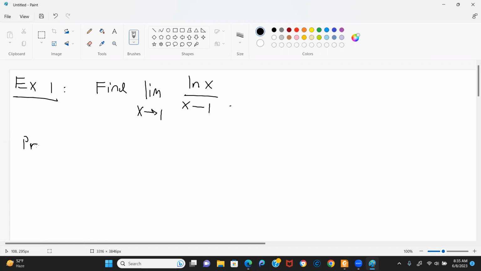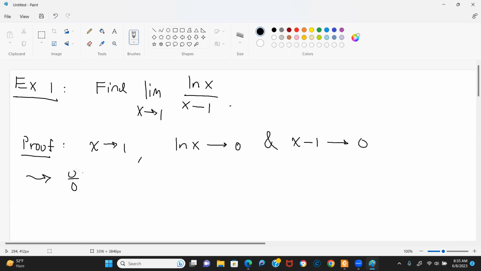So here's the proof. First of all, note as x goes to 1, we know that ln of x approaches 0 and x minus 1 approaches 0.